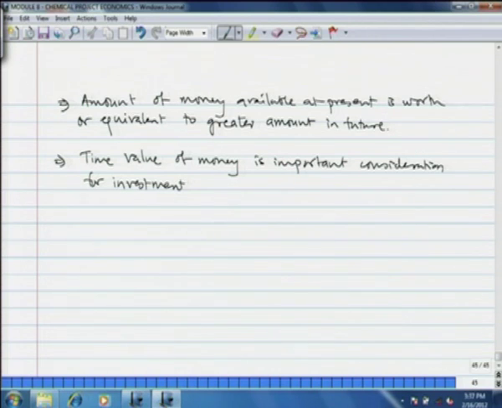We have to compare investments that require or generate different amounts of funds at different times. The timing of expenses and income may significantly impact the present worth of such funds.